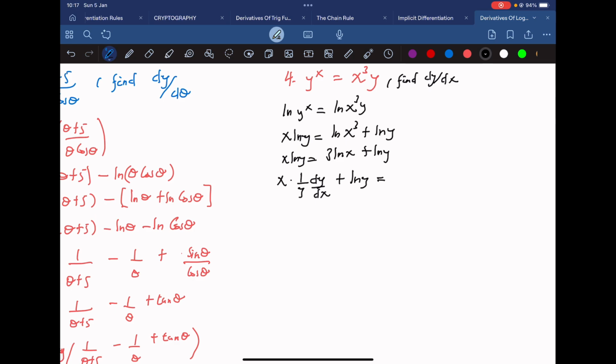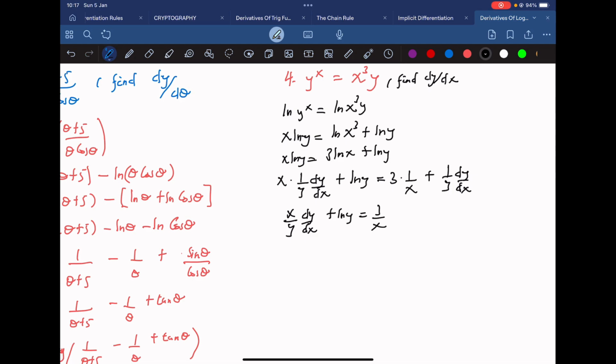On the right hand side, you have 3 multiplying ln of x. If you differentiate ln of x, you have 1 over x. Ln of y, if we differentiate that, you have 1 over y, then dy dx. So basically, you have x over y dy dx plus ln of y.